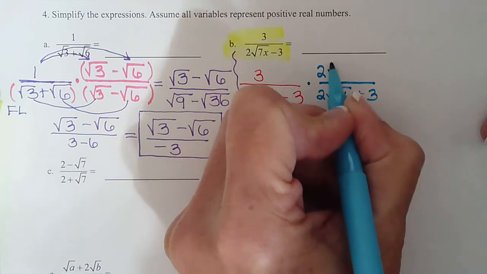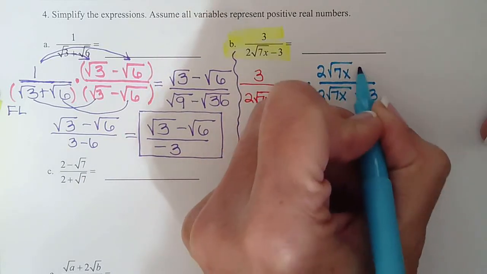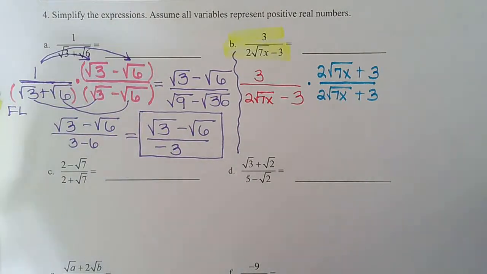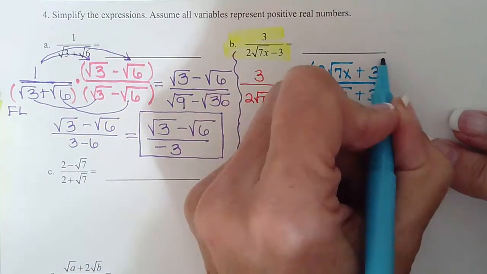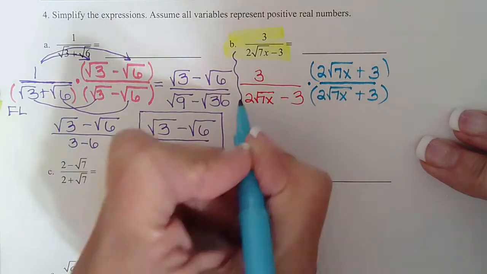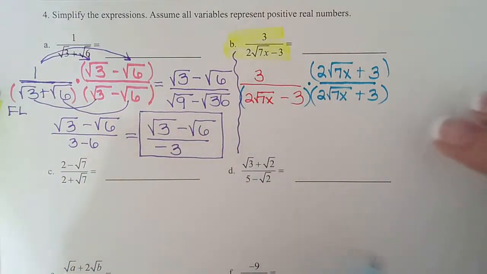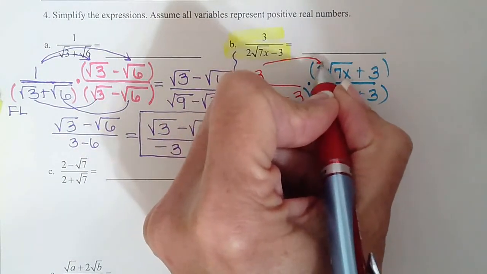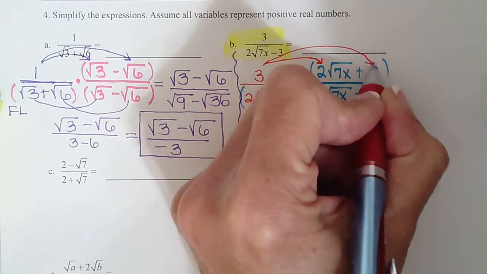And whatever you do to the denominator, remember you do the exact same thing to the numerator. So we really should have parentheses on all this, since it's 2 terms by 2 terms. Not should, need to have parentheses on all of that. So we need to distribute here.